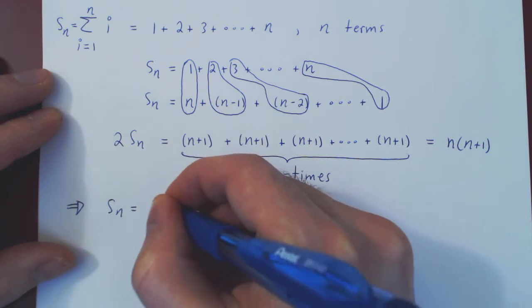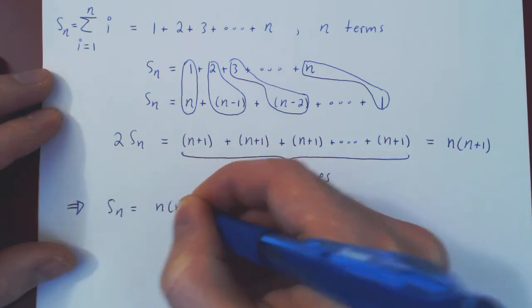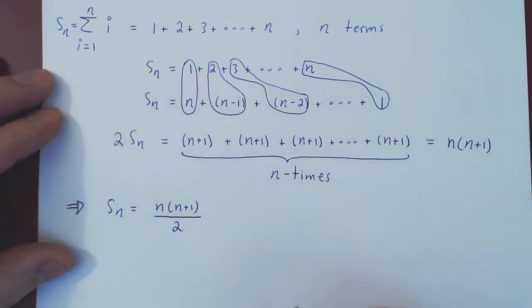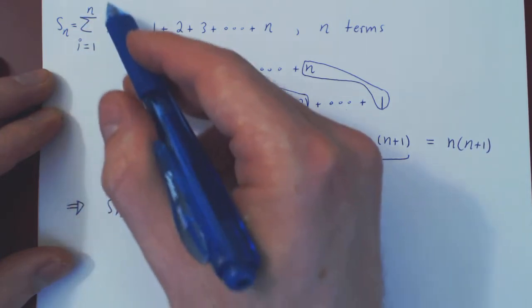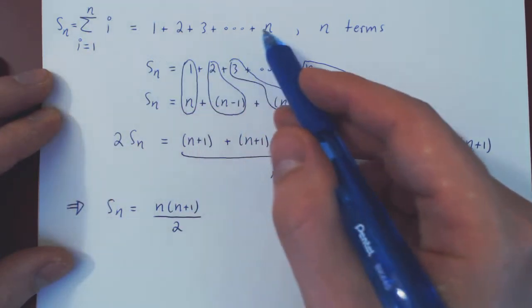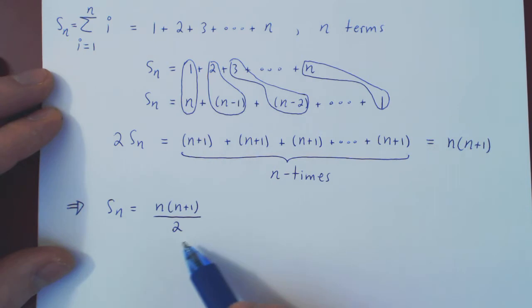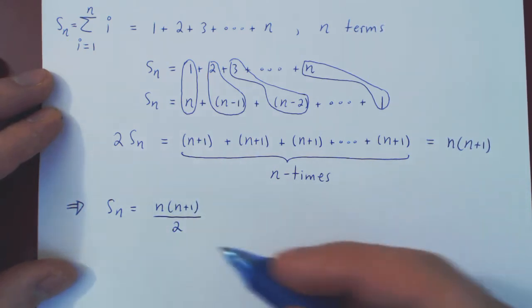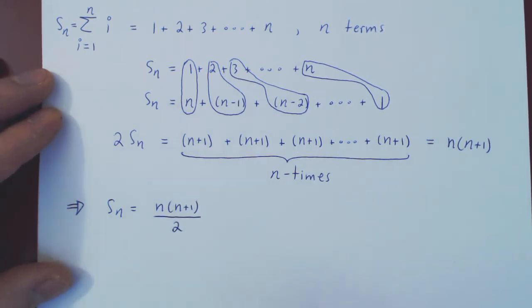Why is this fantastic? Well, let's rewrite the Sn from its original sum. We'll write the expanded form, and then we'll write the formula. And hopefully you'll understand why this is so great.